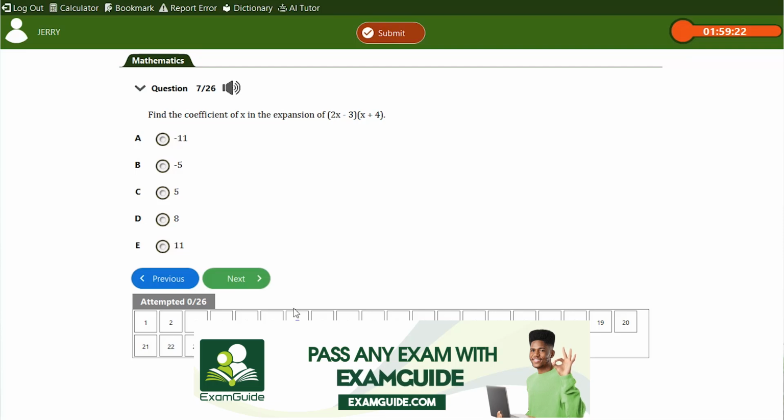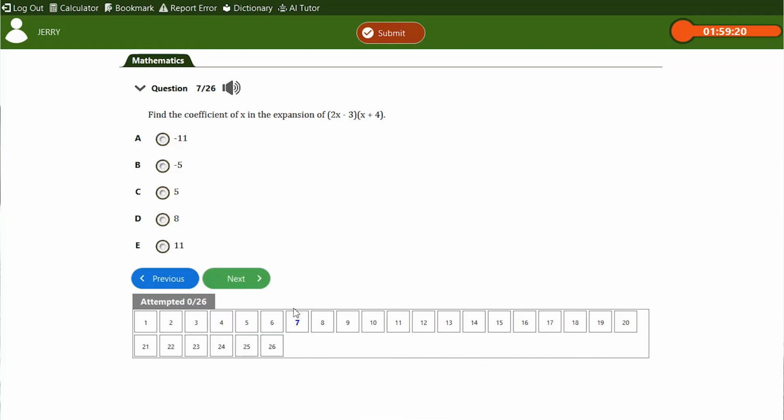They say we should find, so let's look at number 1. Find the coefficient, you have it on the screen there. Find the coefficient of x in the expression.